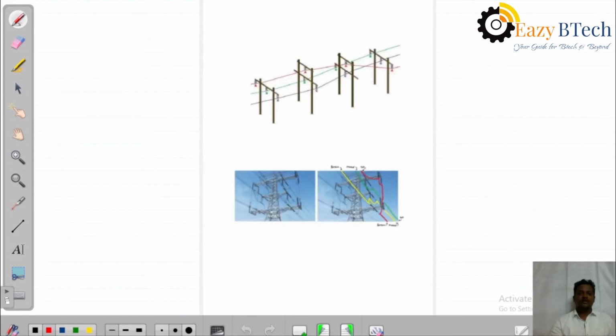Observe that each one is specified in one color, and it changes position. Now it is in the middle, now it turns into the corner, it is in the middle, it is going to the corner. Observe that it is not highlighted with colors in this diagram. Here I highlighted it. The yellow wire occupies the middle, the green is at the top, the red one is the other one. This is the way we change the position of the conductors in practical cases.